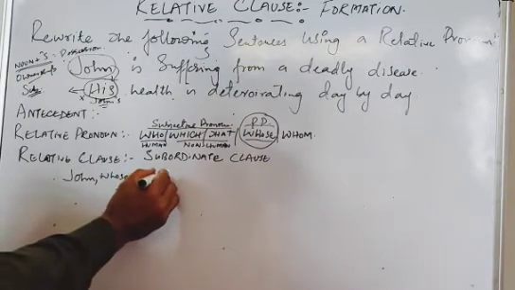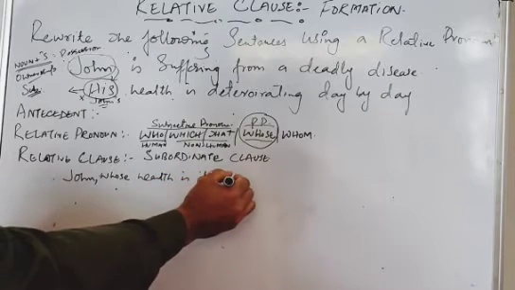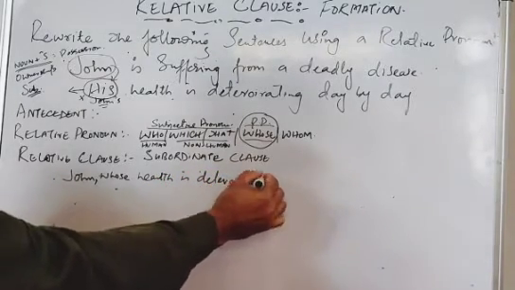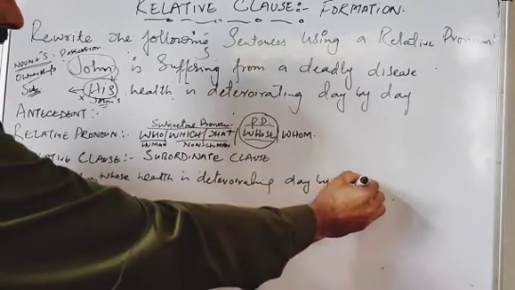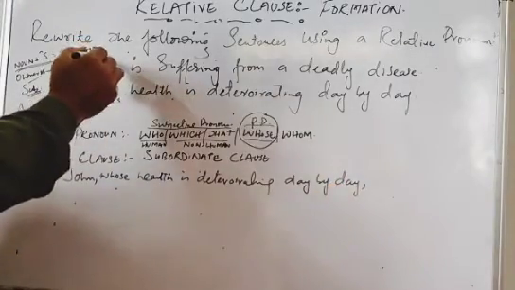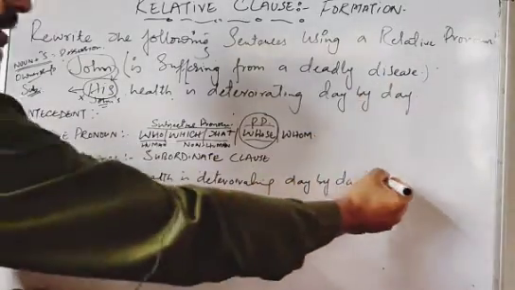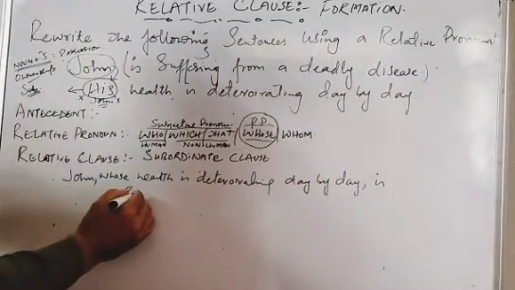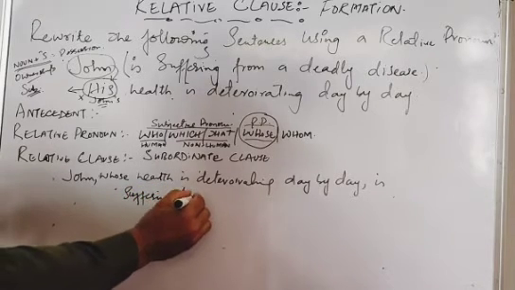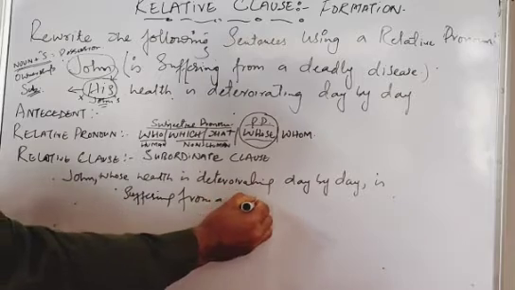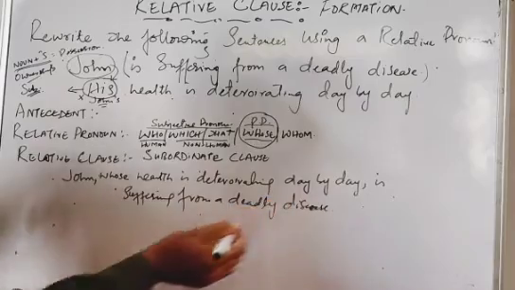Whose health is deteriorating day by day, comma. John has already been mentioned, then this sentence will follow: is suffering from a deadly disease.